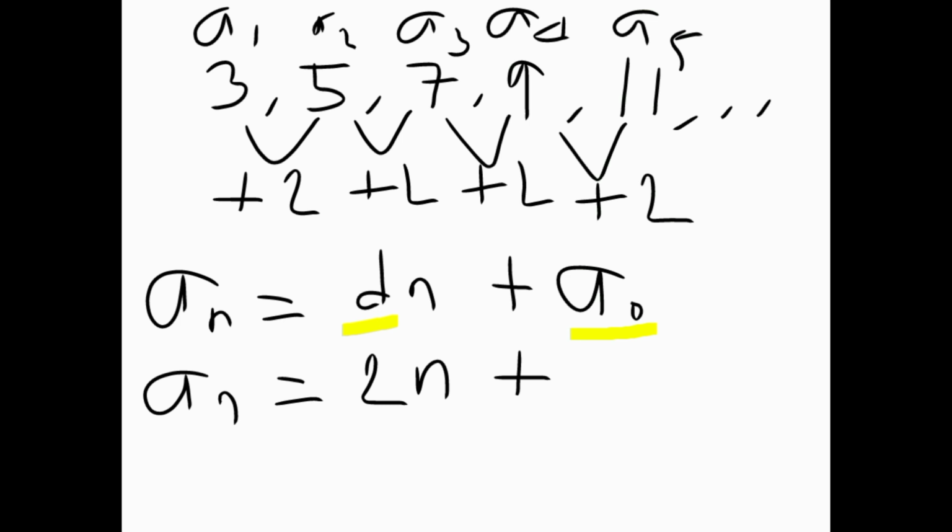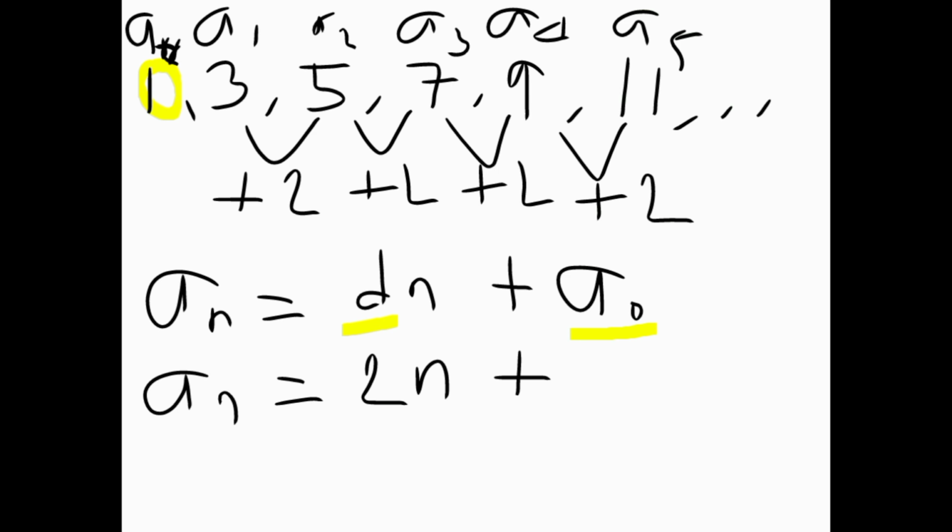Now, what is the zero term? The zero term is the term before the first term. So our first term here is 3. Now, if there were a term before 3, what is that number? Since we have a common difference of 2, our zero term here is 1.